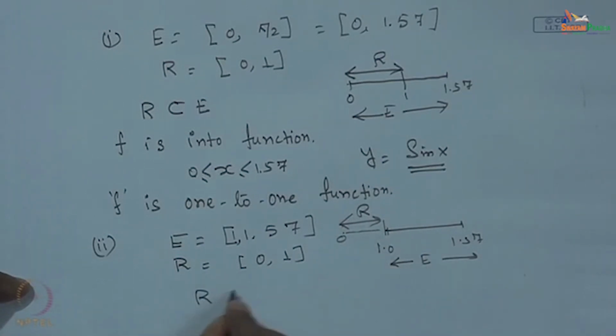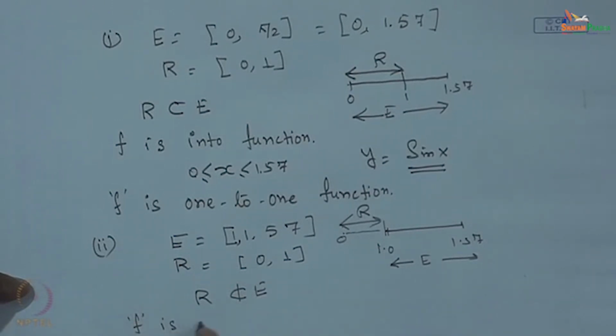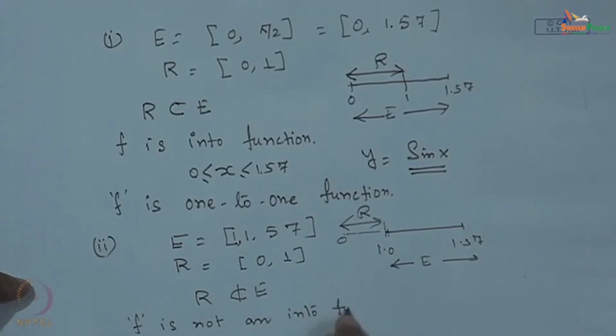So, R is definitely not a subset of E. Therefore, f is not an into function, neither is R equal to E. So, it is not an onto function, but it is a 1 to 1 function.